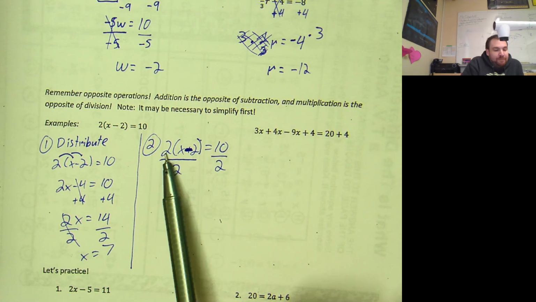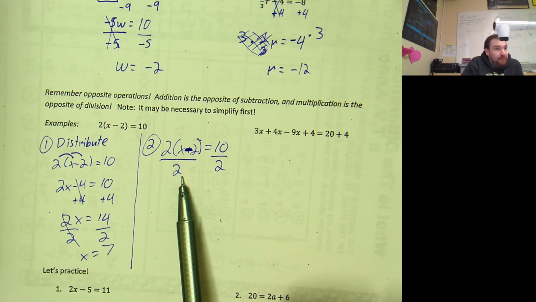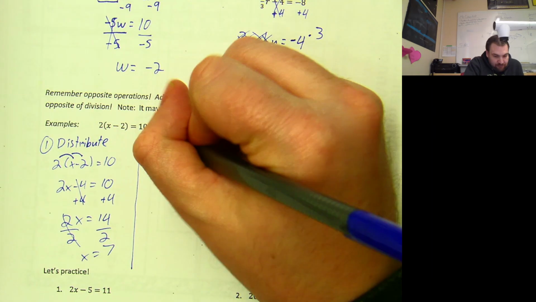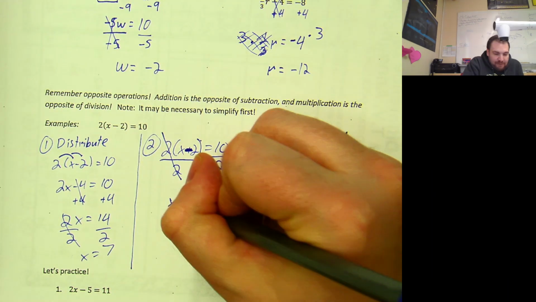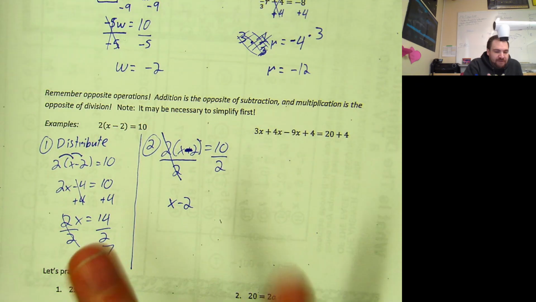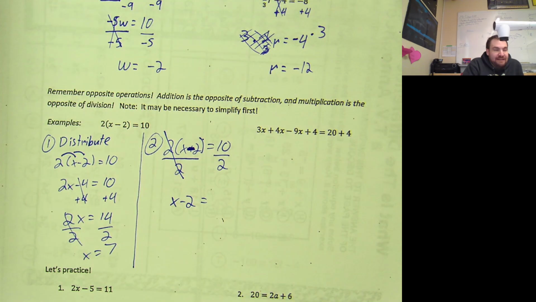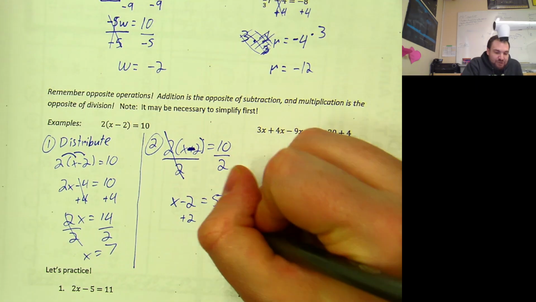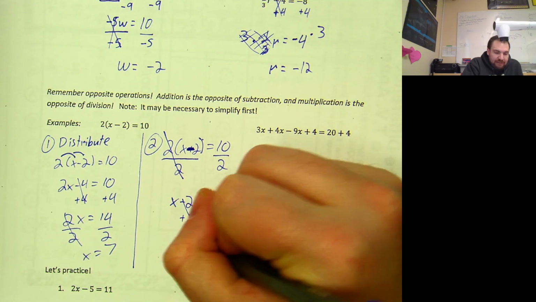If I multiply and divide by the same number, they're going to cancel, leaving me with x minus 2, and I don't have to write the brackets anymore because the 2 out front is gone. And then 10 over 2 is 5. Then 5 plus 2, they're going to add 2 on both sides, giving us x equals 7.